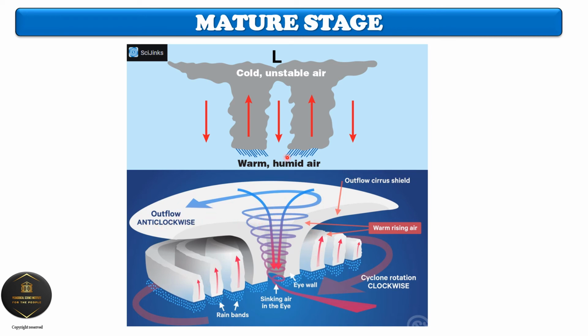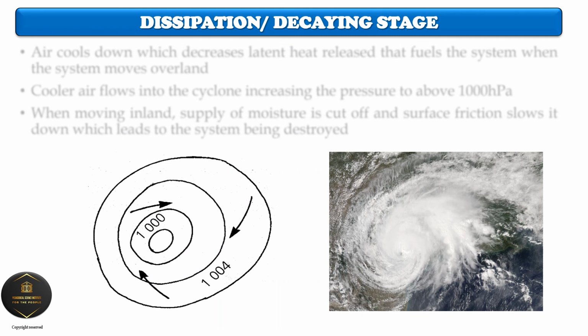So as it is rising, you are going to have the formation of clouds in the first vortex and the second vortex. At the center of the system, as the two arrows are showing, you'll have sinking air in the eye that will be warming up as it sinks, and we call that adiabatic heating, of course, and that's how your system will look as a result. So that's the mature stage.